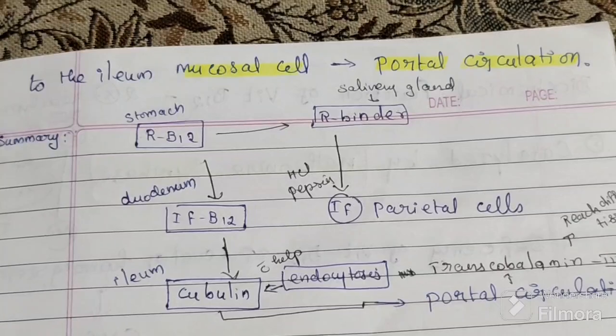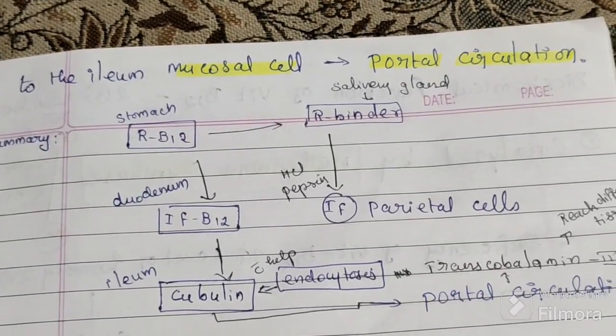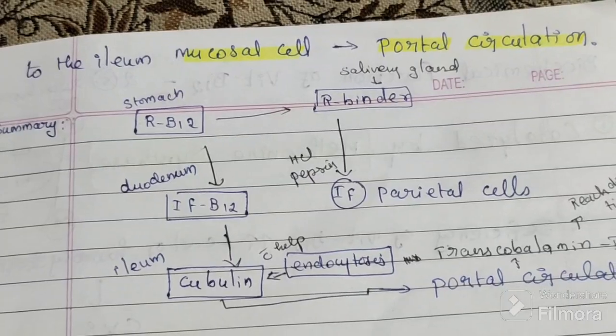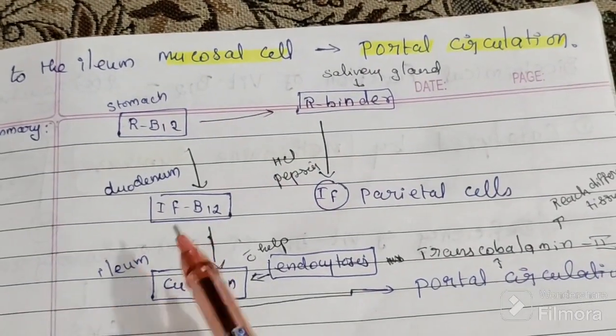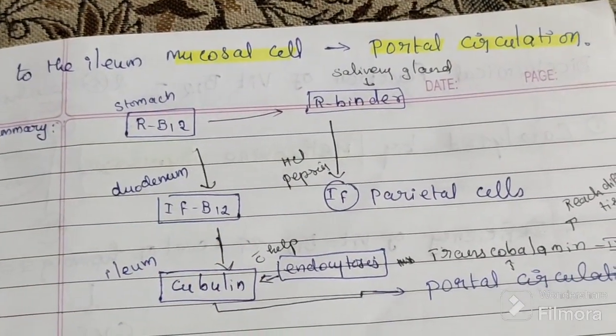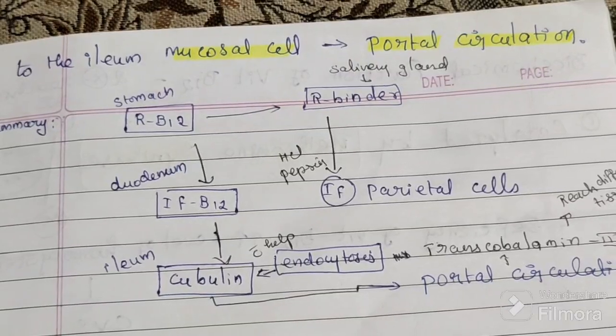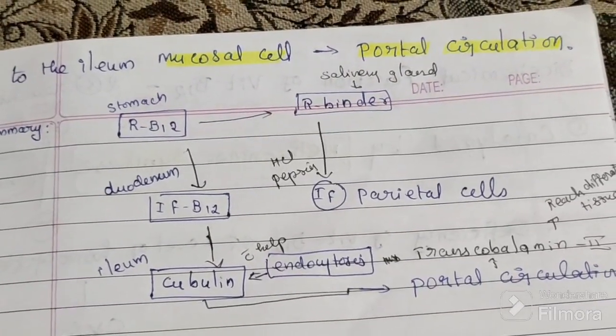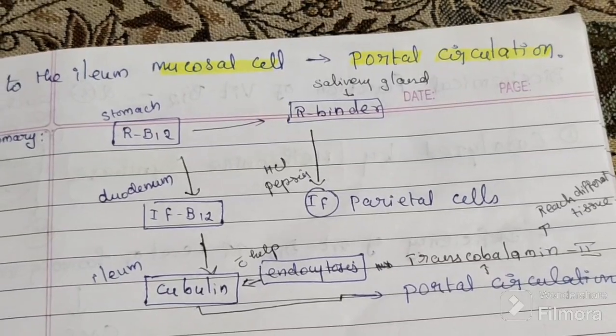It attaches to R-binder in the stomach and is transported to the duodenum, where it gets intrinsic factor.